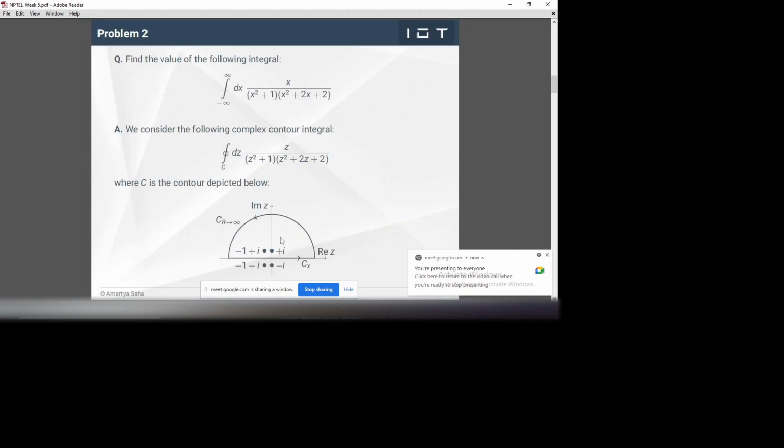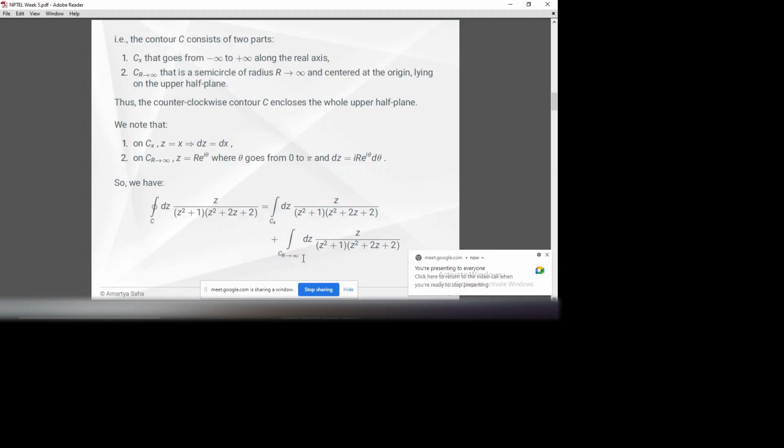Now let us note that on Cx, as we know, Cx was the real line. Here, z is x plus iy, and on the real line, y is 0. So on the Cx part, z is x only, and that means dz is dx. And how do we parameterize the infinite radius semicircle?